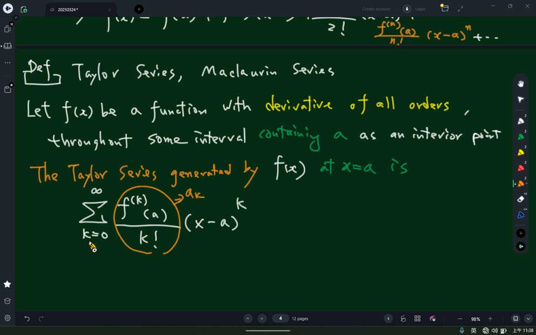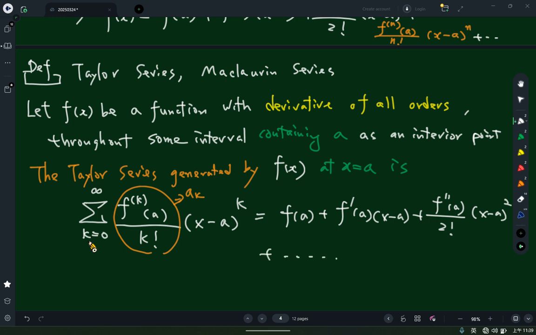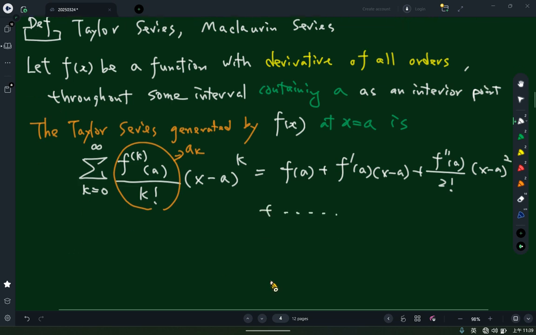Then that will be f(a) plus f'(a)(x minus a) plus f''(a) divided by 2 factorial times (x minus a) to the power of 2, and so on. So this is the Taylor series.